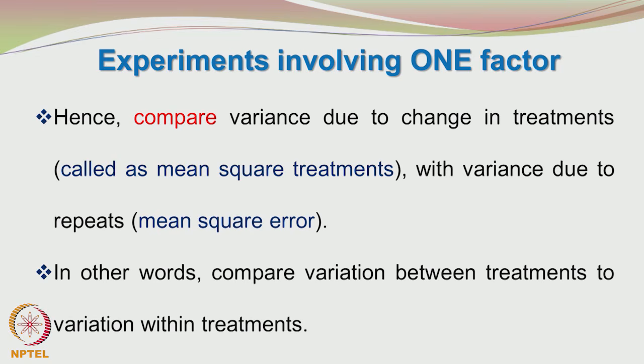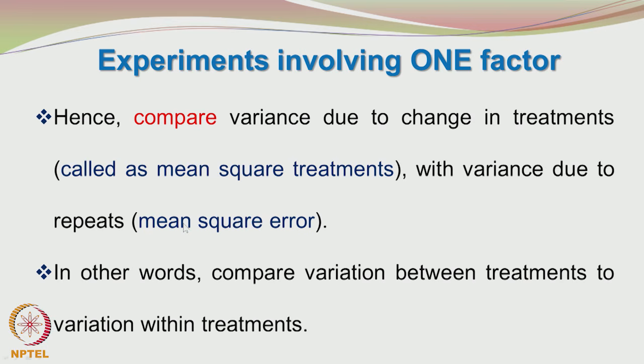You may be asking what is meant by this treatment. Is it a medical treatment, or what kind of treatment is it? It's just a classical term which has survived over the years. We just call it the levels of the factors.